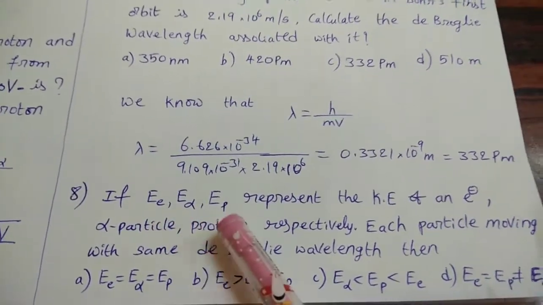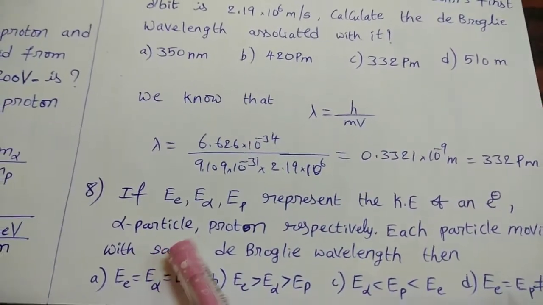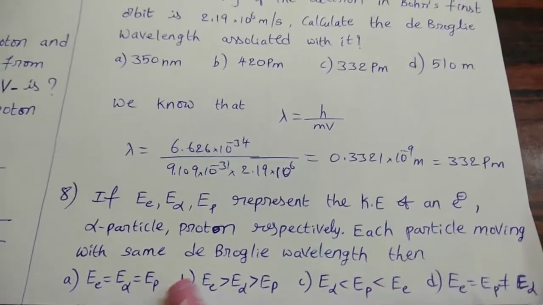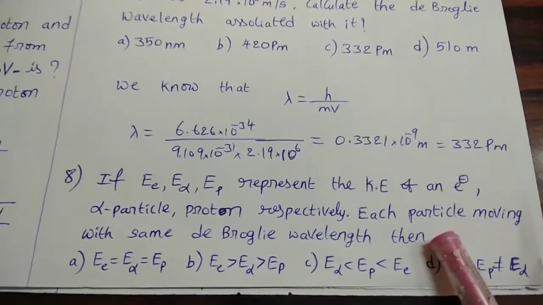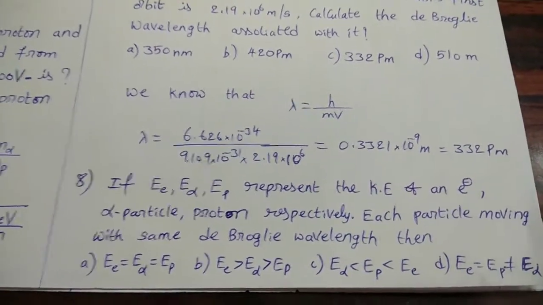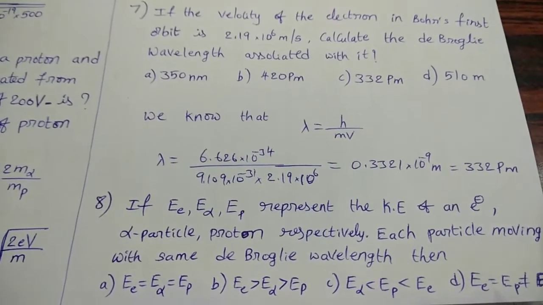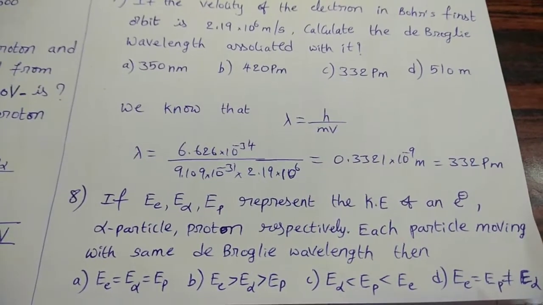If Ee, E alpha, Ep represent the kinetic energy of electron, alpha particle, proton respectively, each particle moving with the same de Broglie wavelength, then what is the relation? Which particle has more kinetic energy? So kinetic energy formula is half mv square. In that, m is the mass of the particle.